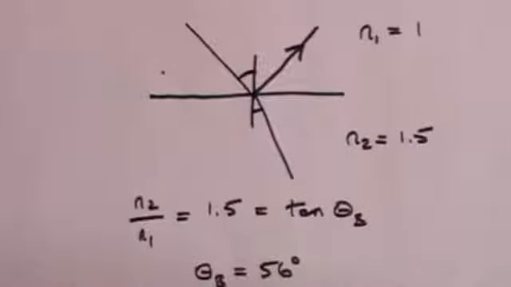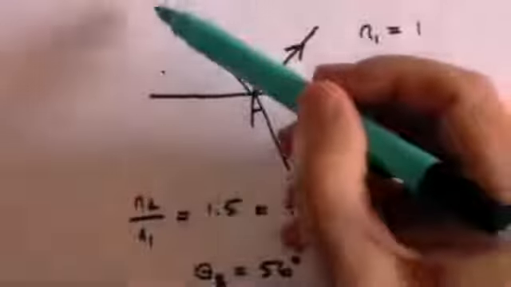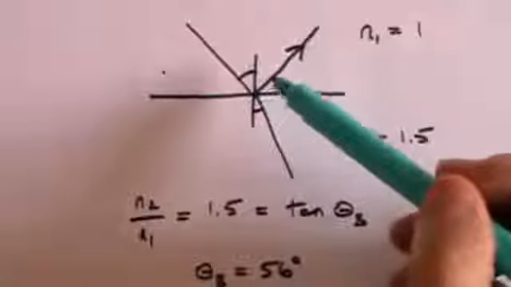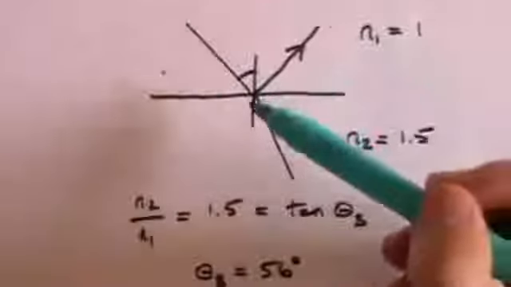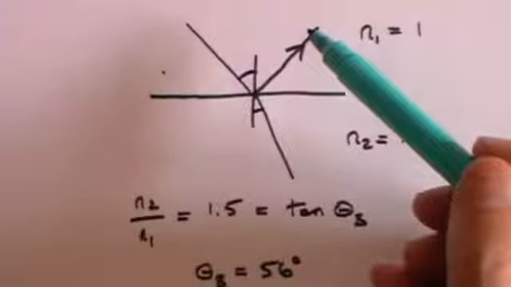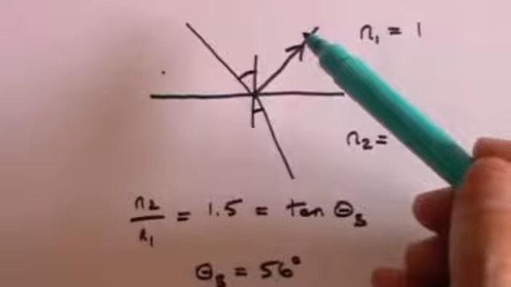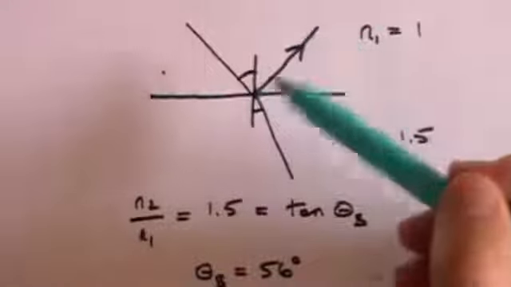And one way you can test this is at the seaside. When the sun is shining on the sea at the right angle, if the sun is shining down here, and you're looking at the reflected light, the reflected glare coming off of the sea, that light will be 100% polarized at that angle.